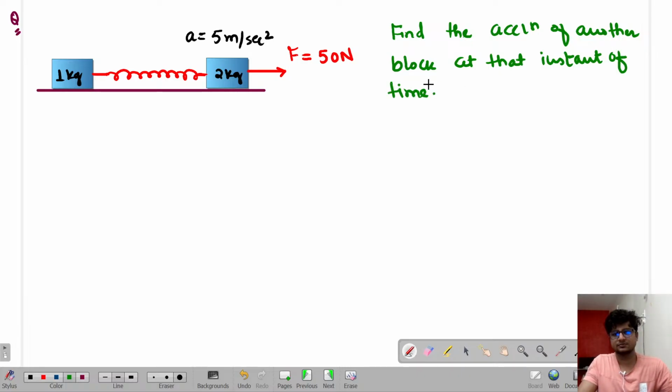Be fast. Find the acceleration of the another block at that instant of time.